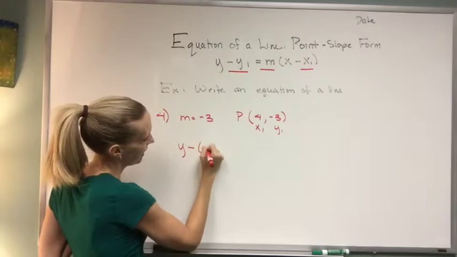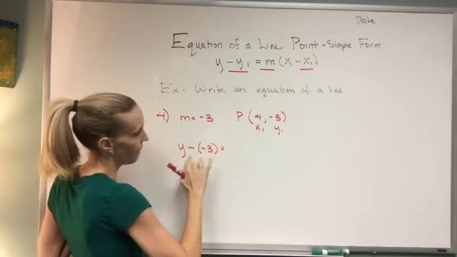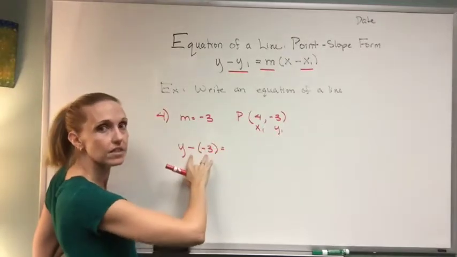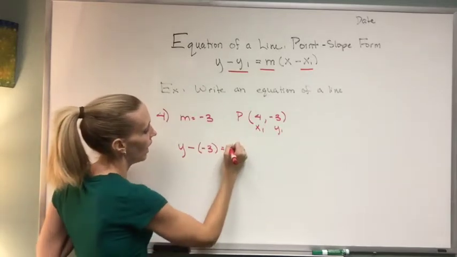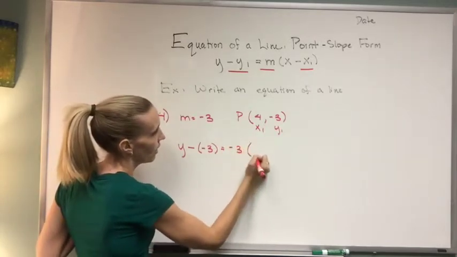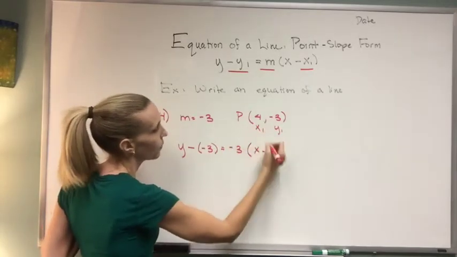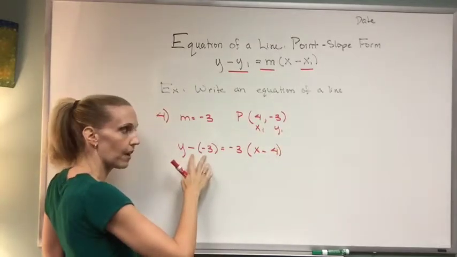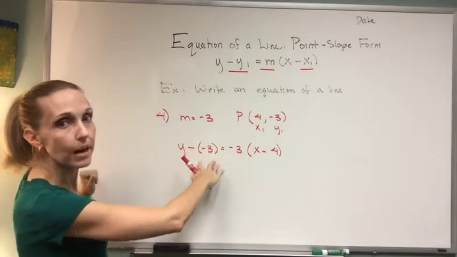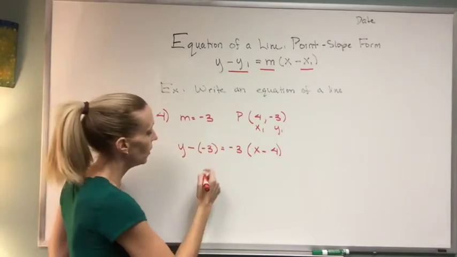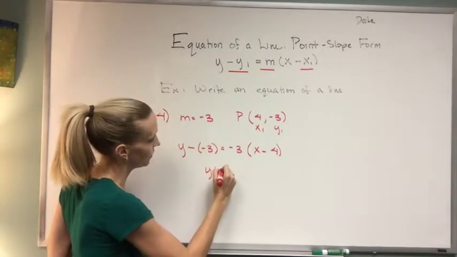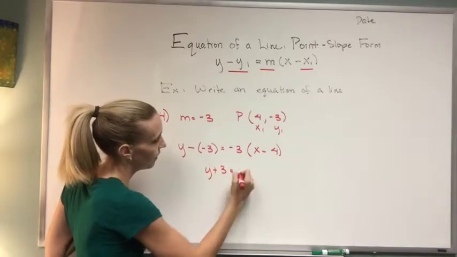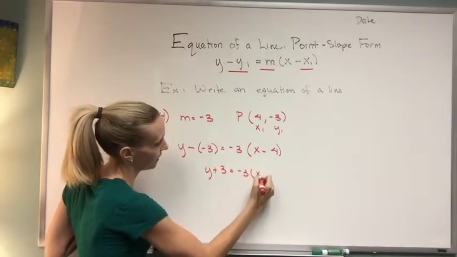So it's y minus -3. So I'm back to double negative, so I know I'm going to have to simplify that. I have a negative slope of 3, x minus 4, I'm fine. So we'll just leave it at that. I have to simplify the first part. So a negative minus a negative is a positive. So my final answer is y plus 3 equals -3 times x minus 4.